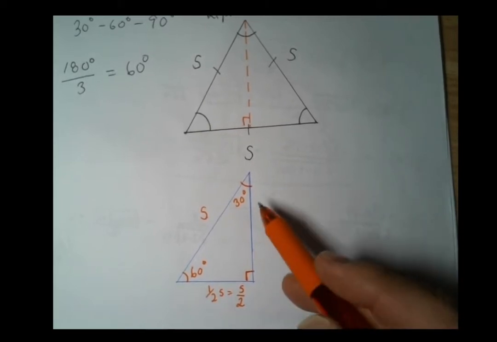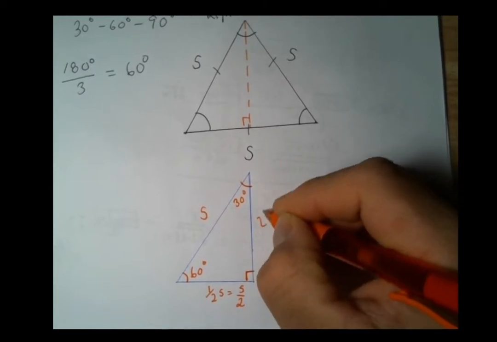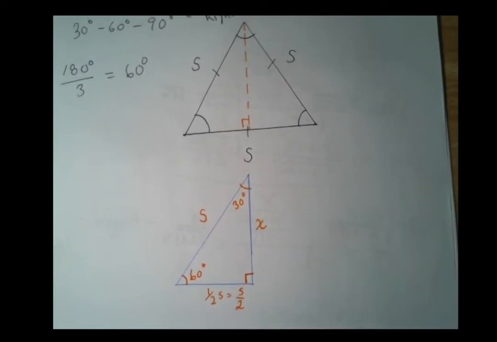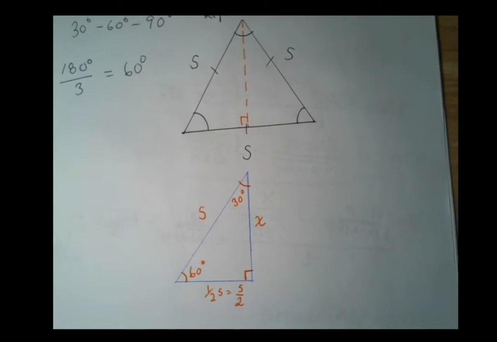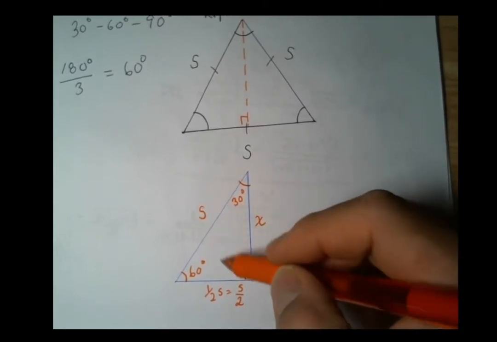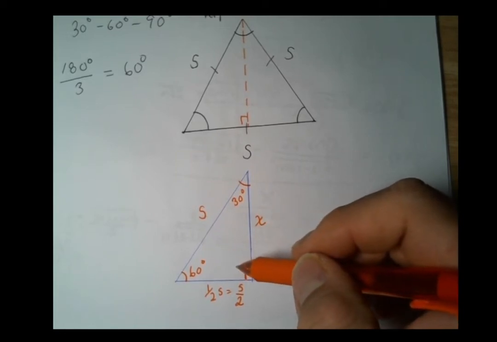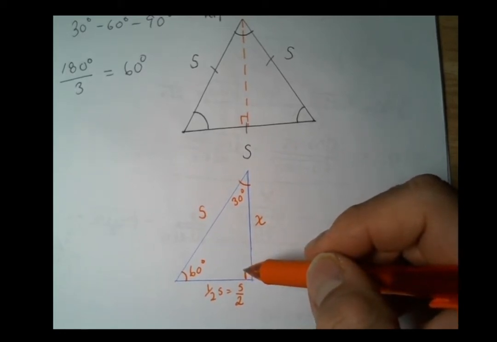So now we have that 30, 60, 90. What I don't know is the height of this triangle. This is unknown. I don't want it as x, as an unknown, but I do want to relate it in terms of the side S. Remember, S is a fixed value, and in our unit circle application we'll choose it to be 1, but for now we just keep it as fixed.